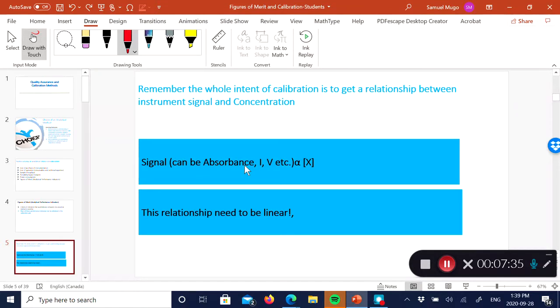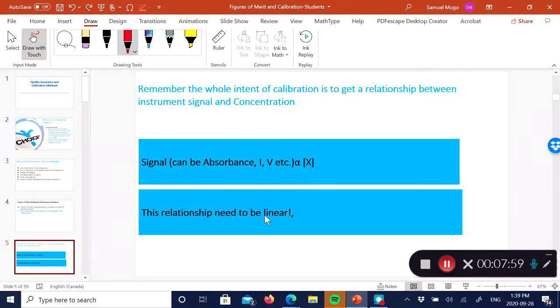Or it can be simply arbitrary units if you're dealing with something like fluorescence. And all those signals should be proportional to the concentration. So that's what you're looking for in a calibration. Now remember, this relationship, ideally, should be linear.